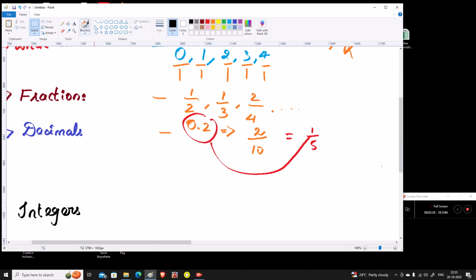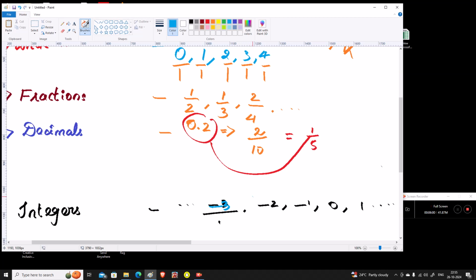The next one, integers. Integers is a combination of positive numbers and also negative numbers along with 0. So for example, I am writing minus 3, minus 2, minus 1, 0, 1, and it is going on.